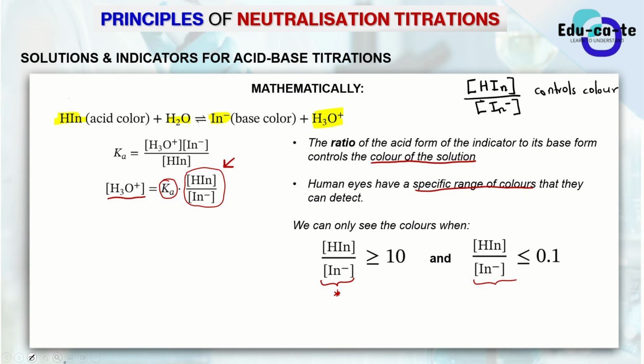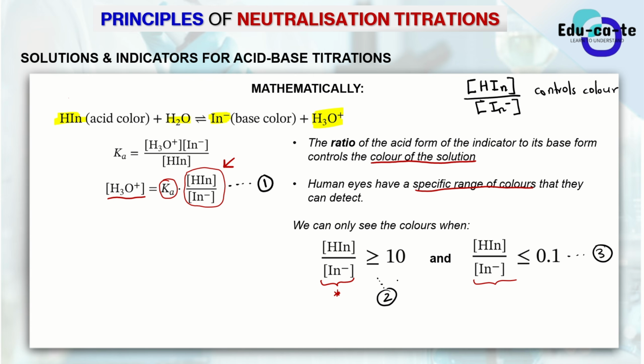So from this, we're going to derive an expression that will explain how the pKa of an indicator relates to the colors that you are able to see. Using this expression, this is our equation 1, this is our equation 2, and this is our equation 3.